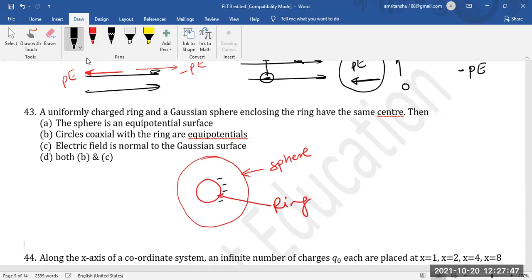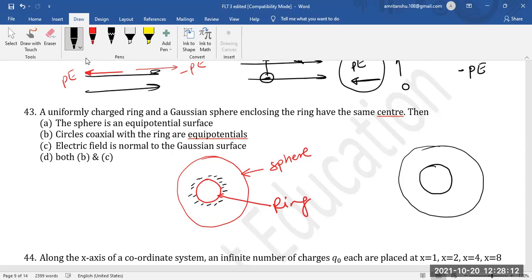This is uniformly charged. The sphere also, obviously, so circles coaxial to it will be equipotential. Why will they be equipotential?